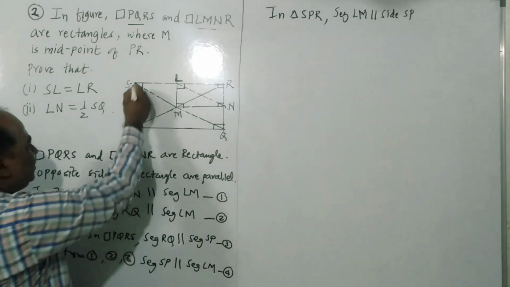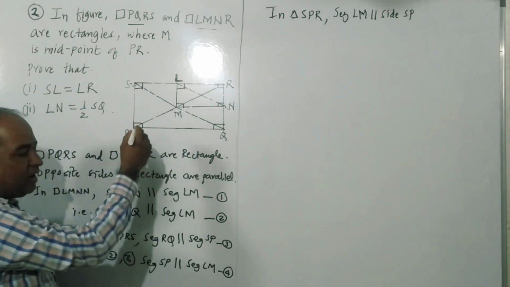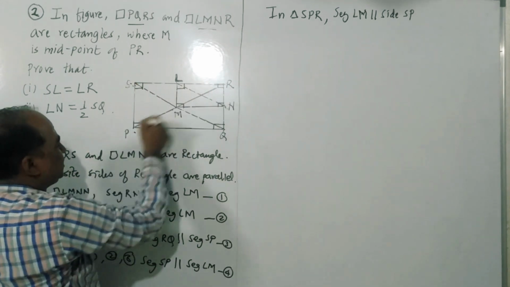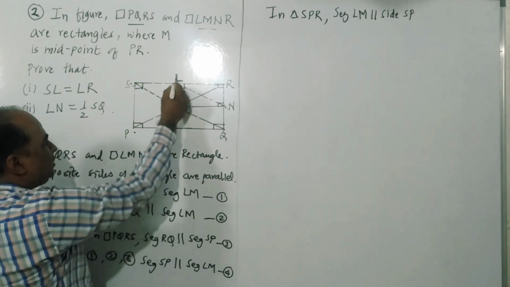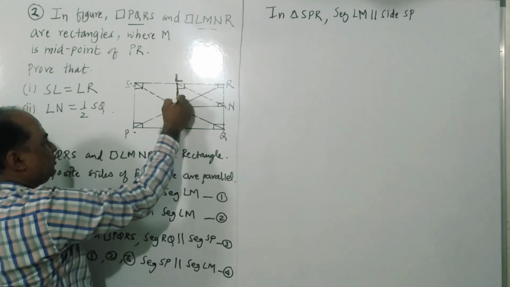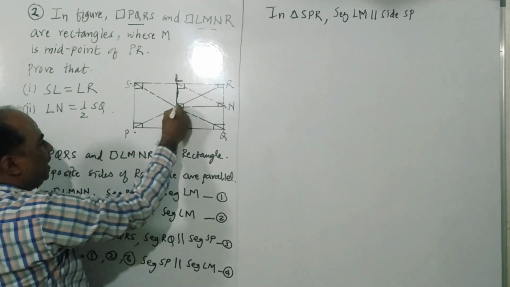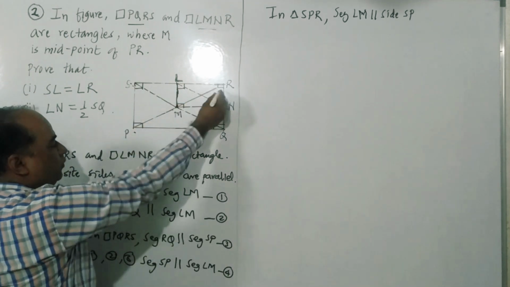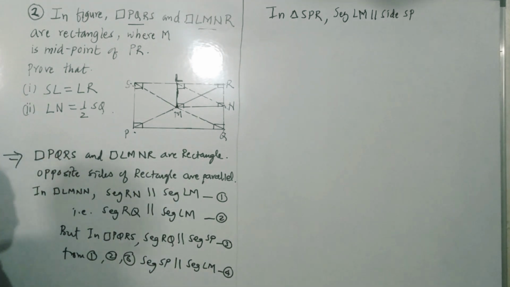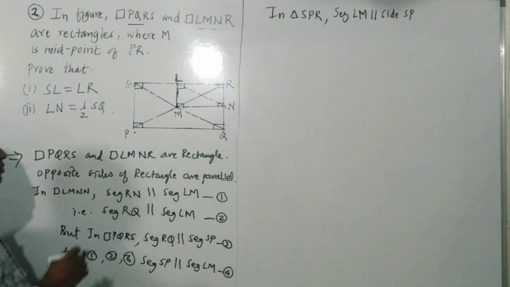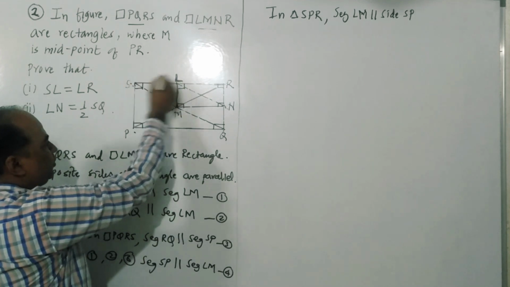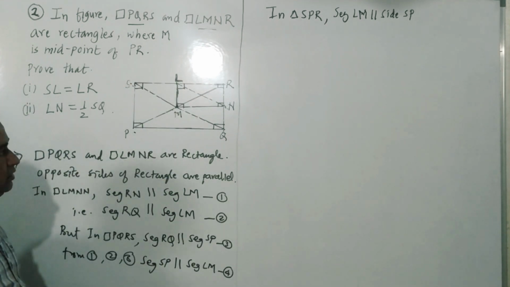So in a triangle, when a side is parallel to the third side, and M is the midpoint of one side of the triangle, then by converse of midpoint theorem, N is also the midpoint of the other side of the triangle.